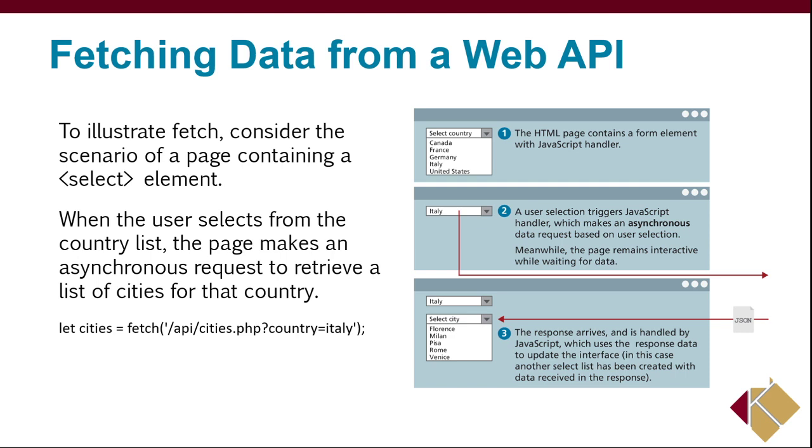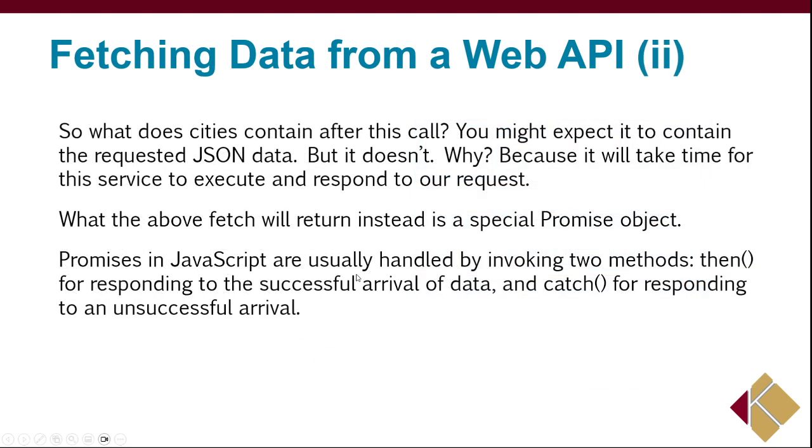So the way that works is you have a fetch with a URL and then your variables or your properties or your constraints in it.